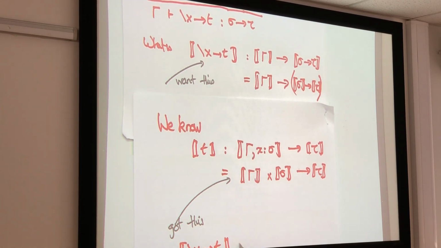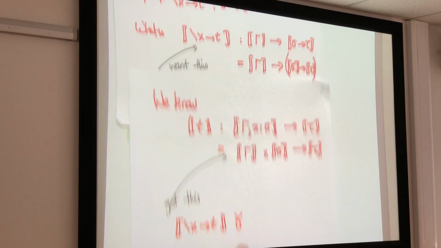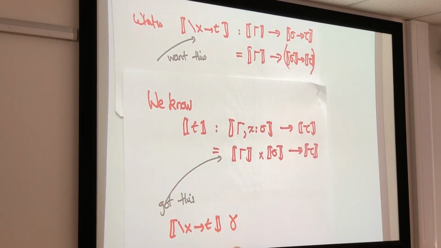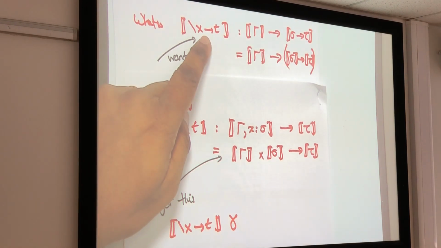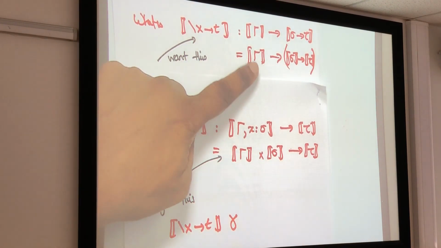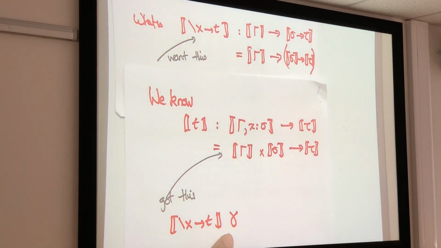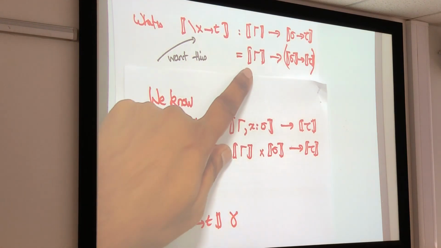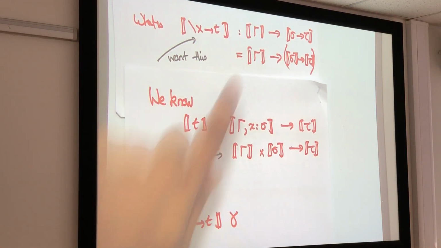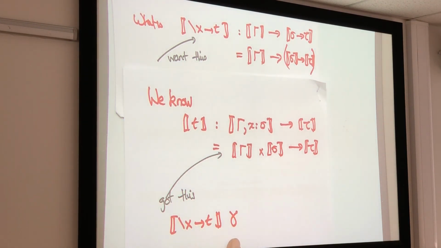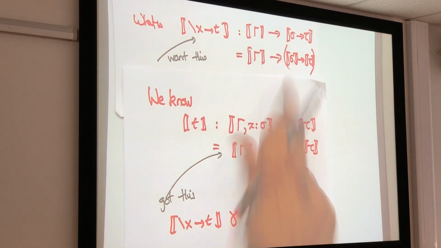Sorry, zoom out or scroll up. Okay, so this function should take something in this set as input. So I'll give it something in that set as input. And then because this is the input in this set, this expression lives in this set.